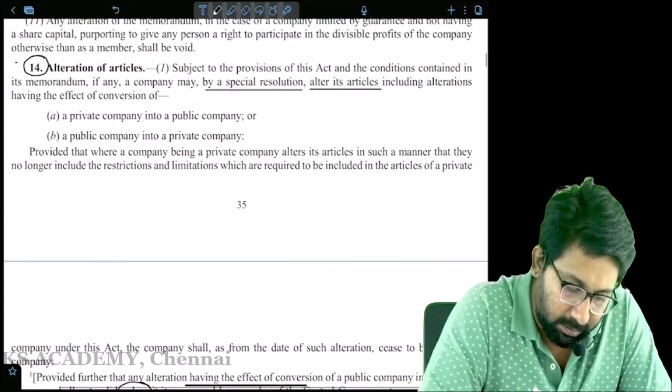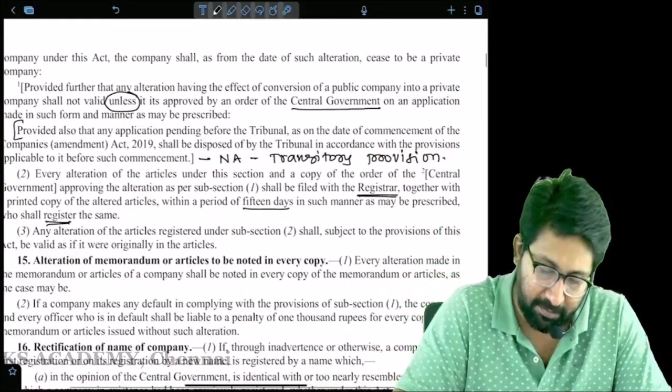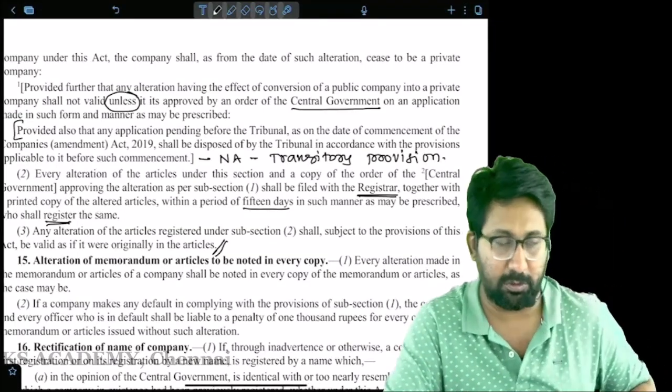So first, 2 minutes time, read from the beginning till the end except second proviso to subsection 1.